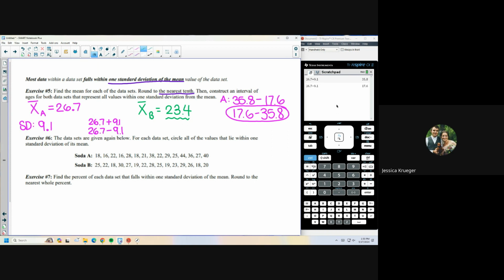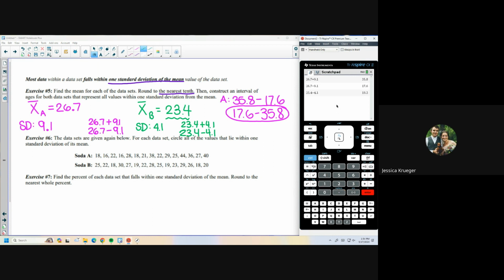For soda B, my standard deviation was 4.1. Okay, so one standard deviation from the mean means I have to go from my mean and go up 4.1, and then from my mean and go below. So I'm going to fix the error I had last time, 23.4 minus 4.1.